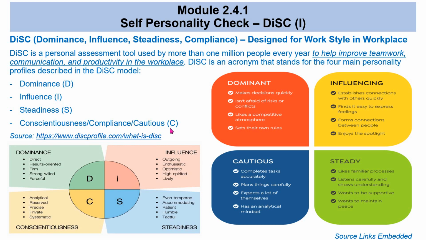You can also look at it in a quadrant form with dominance, influence, conscientiousness, and steadiness. Of course, we will just take the C to be compliance for better pronunciation here.